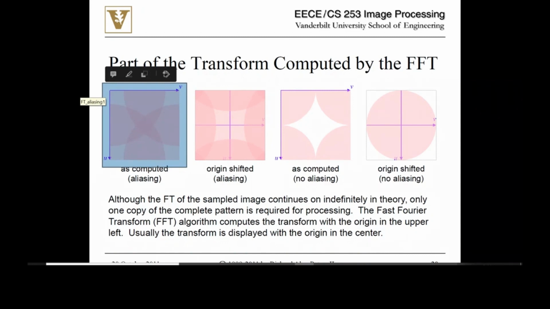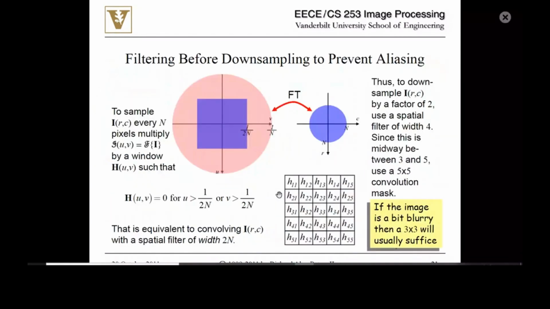So this area free from aliasing will be smaller. And then we want to apply first an anti-aliasing filter. The anti-aliasing filter will crop the central area that has size 1/2n.